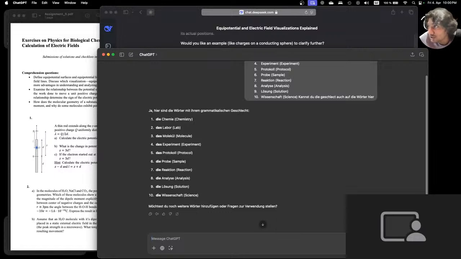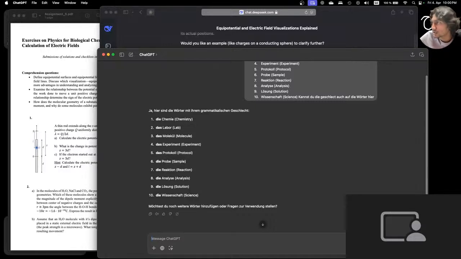Ja, hier sind die Wörter mit ihrem grammatikalischen Geschlecht.